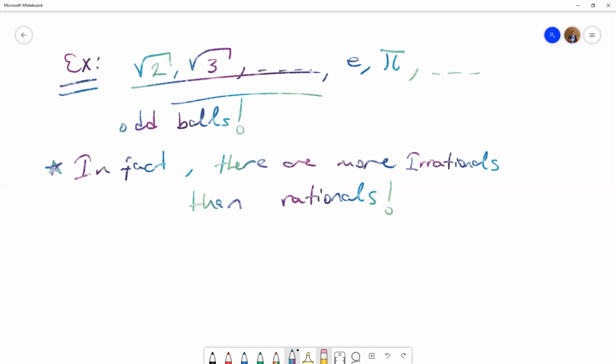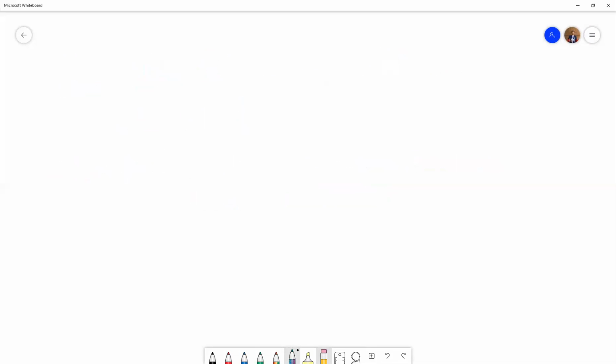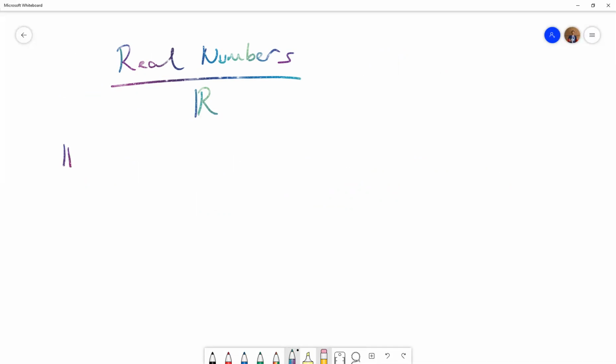And the last one may be real numbers, and we can finish the second week's lecture with real numbers. We use R for real numbers. Of course this is not real.